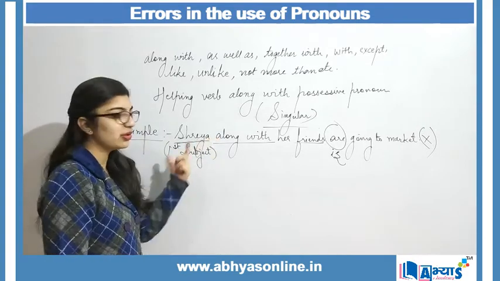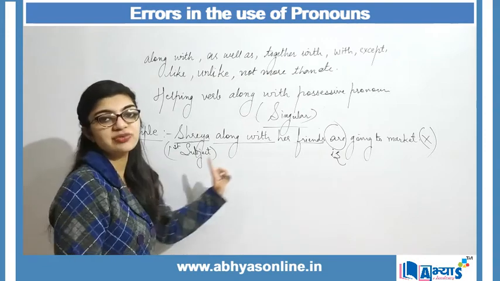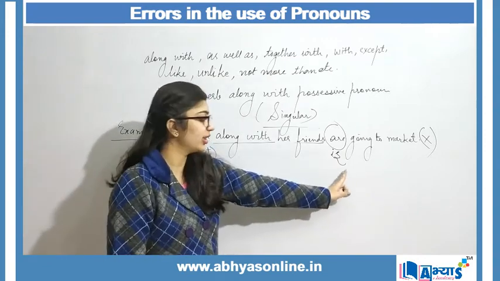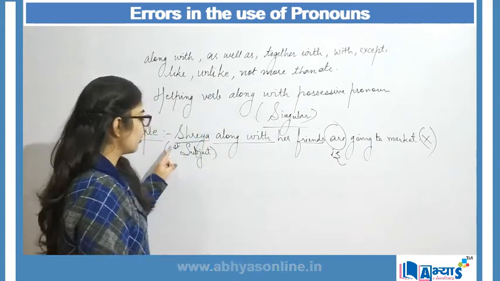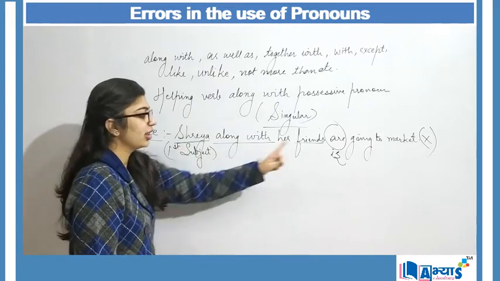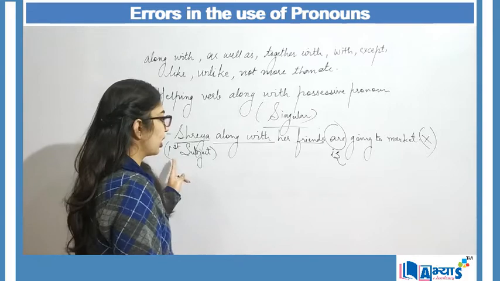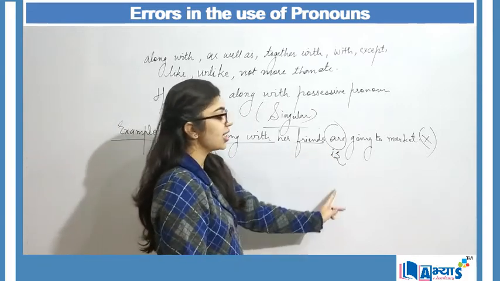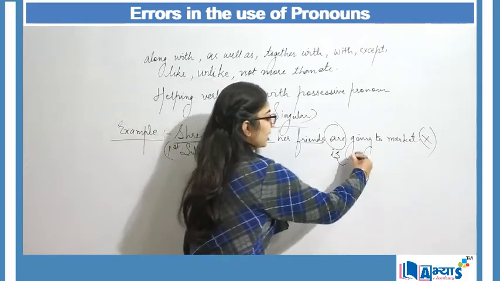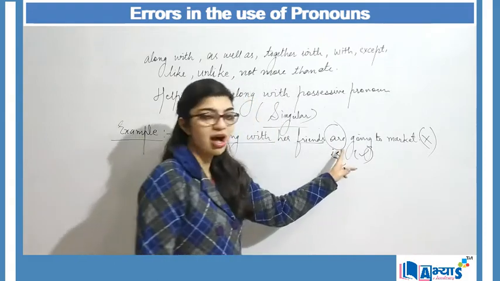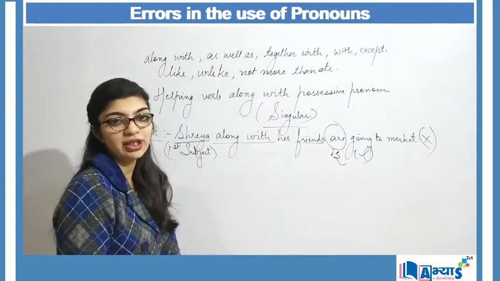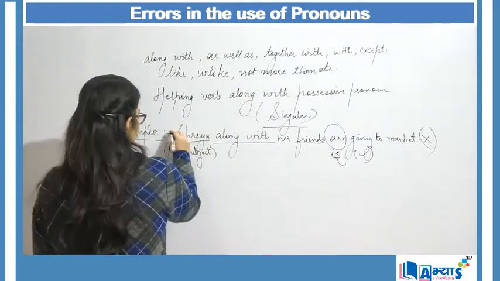And since the first subject is singular, here also I will be using my singular helping verb. So "Shreya along with her friends is going to market" is correct, but "are" being used over here will be wrong.